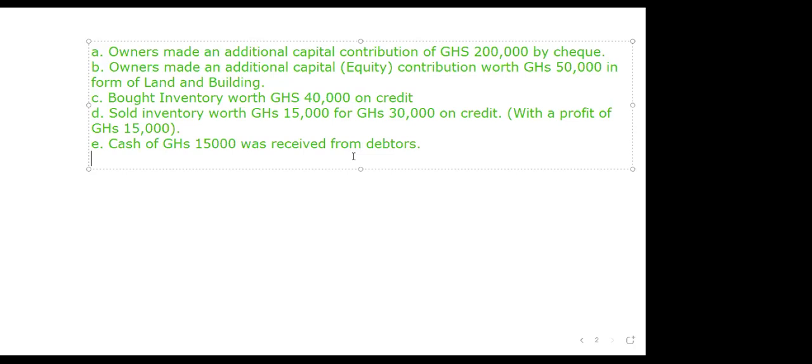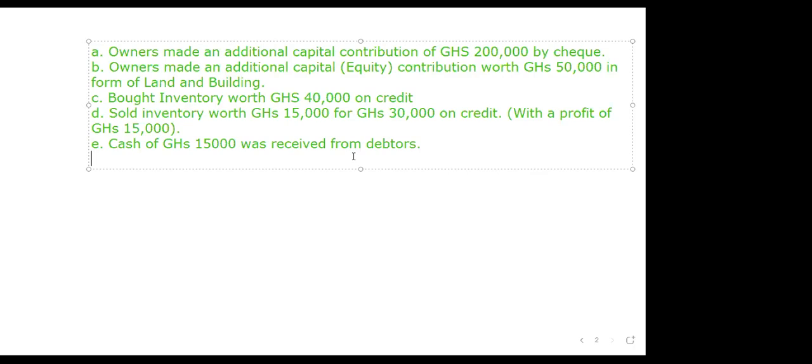Someone will say a cash receipt of 15,000 from debtors, right? Simple, right? So you may have to put your transaction as simply as possible. Don't complicate the transaction.